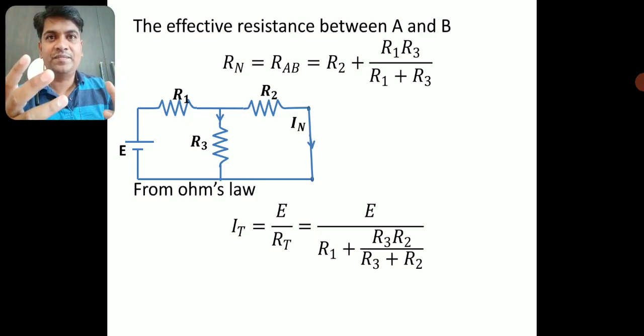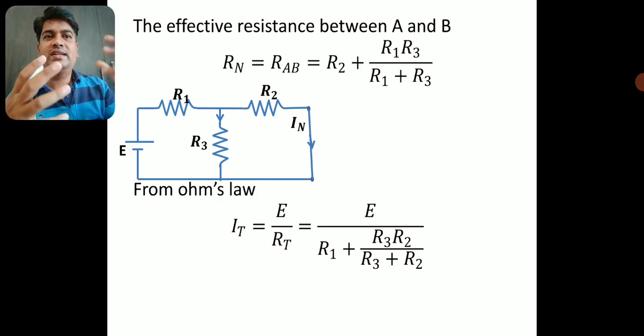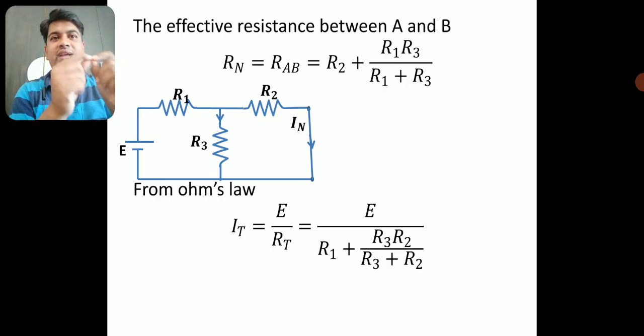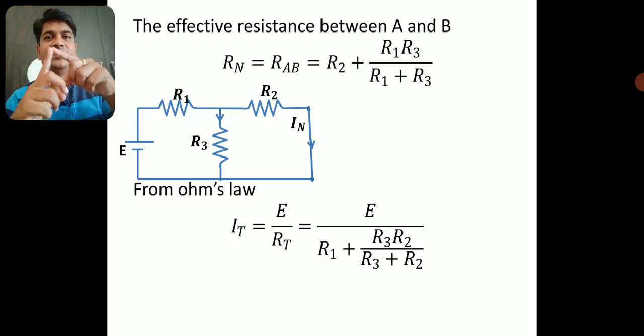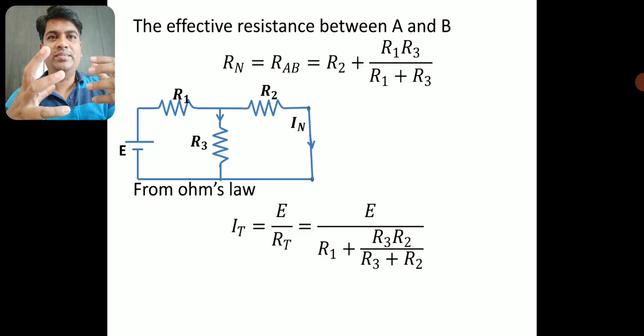After going through R1, it divides at R2 and R3, which are in parallel. It is very clear that R2 and R3 are in parallel, because the current divides exactly at R2 and R3. Where it divides, those two circuit elements are in parallel. The same current flows through R1 and divides at R2, R3. Therefore R2, R3 are in parallel and R1 is in series.